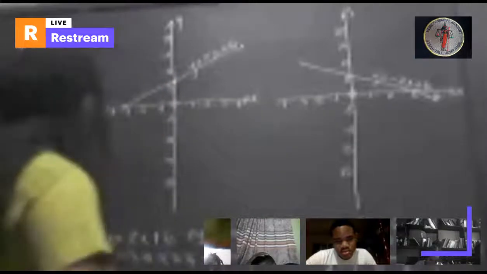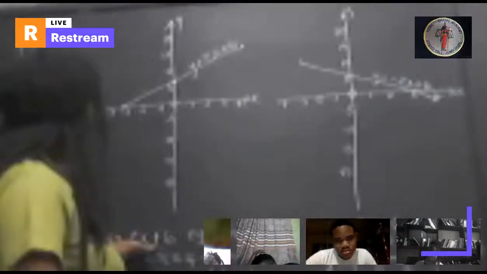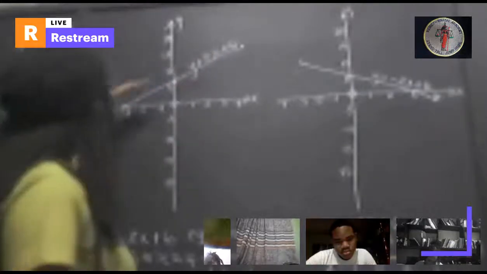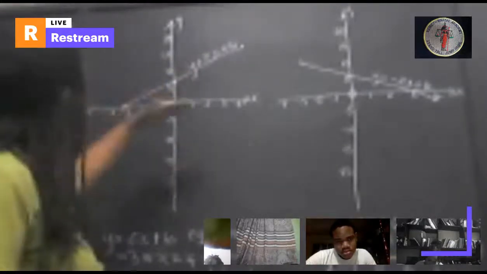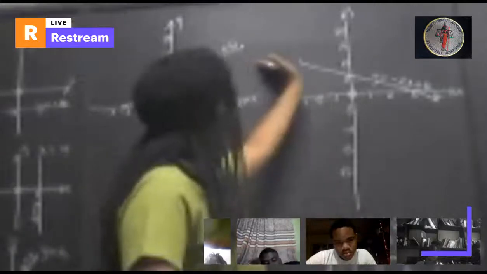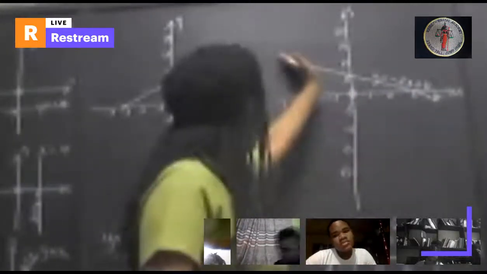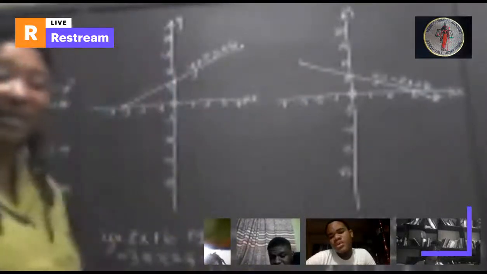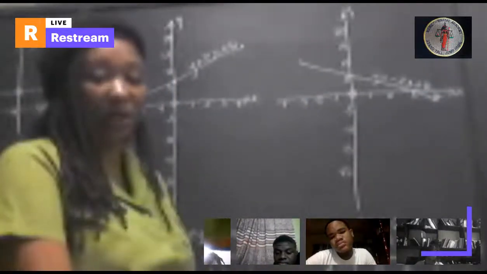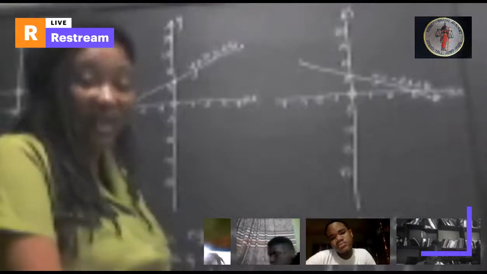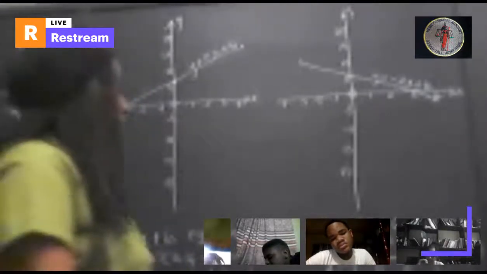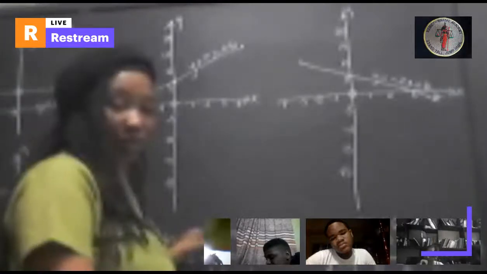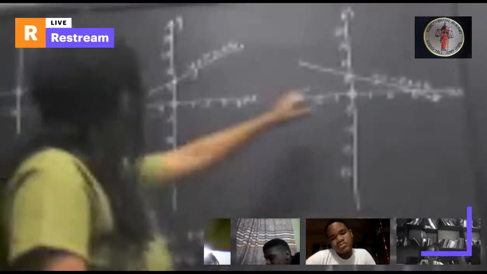So when the gradient is positive, the line is oriented this way. When the gradient is negative, the line is oriented that way. Okay, so that's another thing you can tell from the equation. Just looking at the equation, not only can you tell the y-intercept, or where it will cross the y-axis.